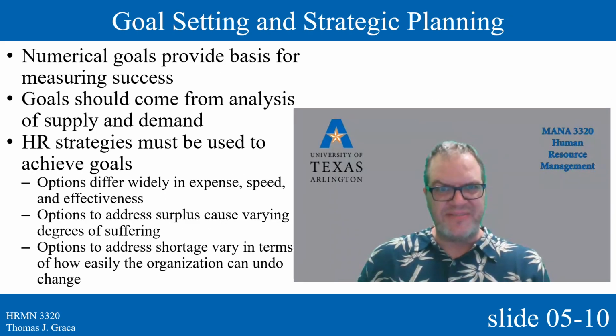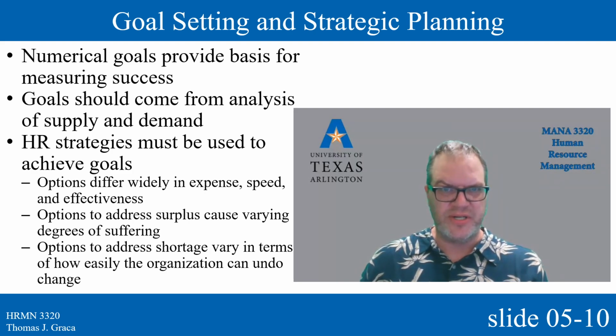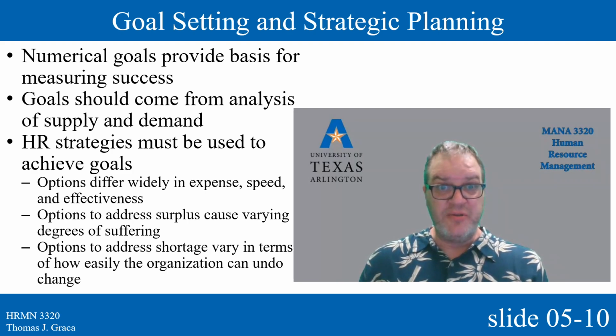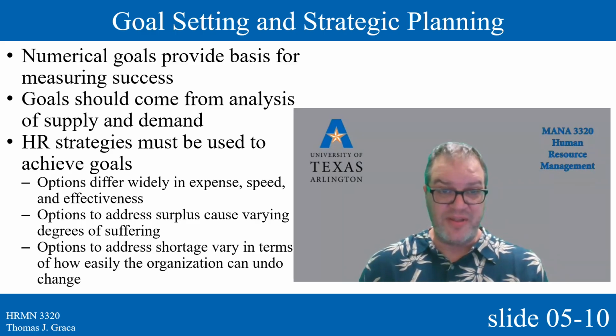Now back to our firm level analysis. So we've forecasted whether we're going to have a surplus or a shortage. Now we've got to do something about that, right? We predict that at the relevant point in the future we're going to have a surplus or a shortage. What are we going to do about it? Well, we're going to establish goals first to figure out whether our plans are successful.